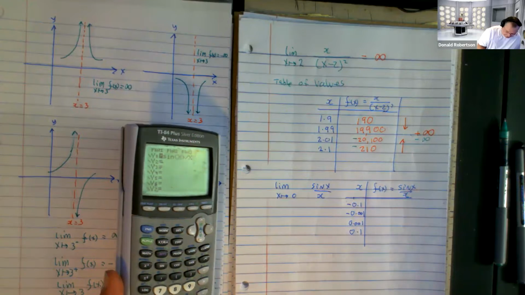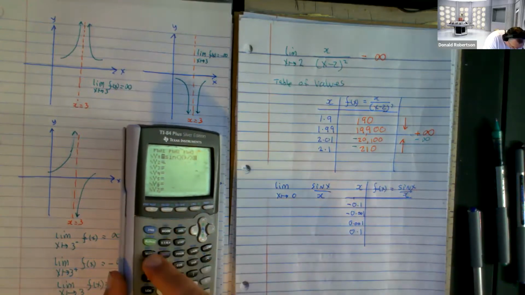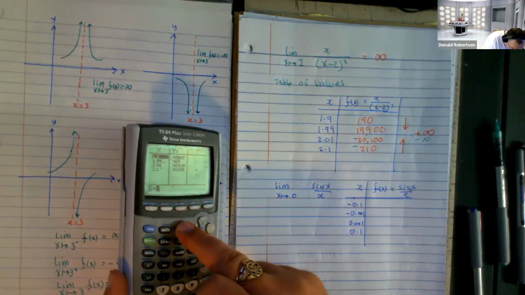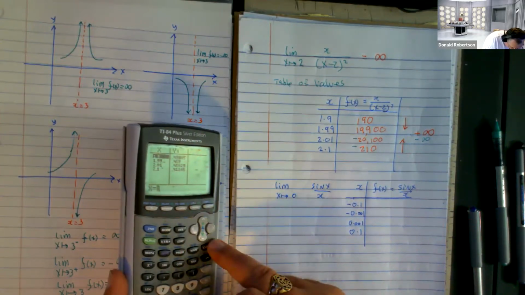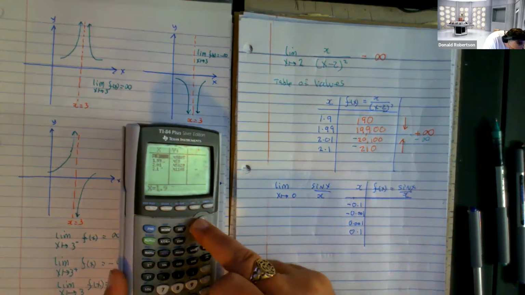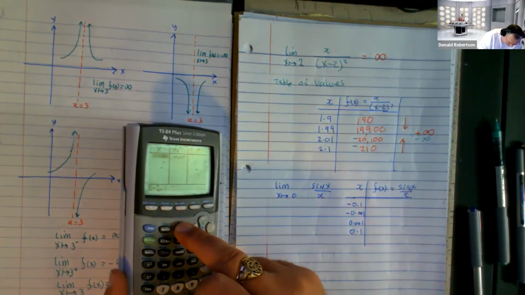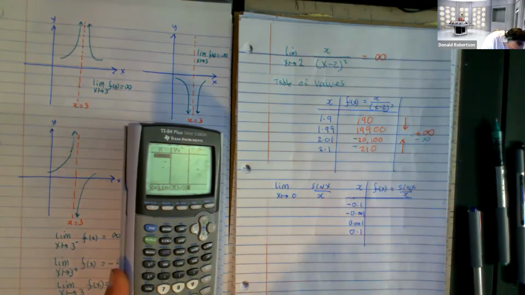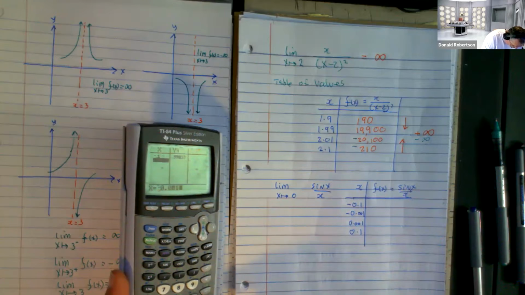And something surprising is going to happen. I'll go second table, clear out these guys. So it's going to be sine x divided by x. And why did I do that? Negative 0.1, negative 0.001, positive 0.001, and positive 0.1.